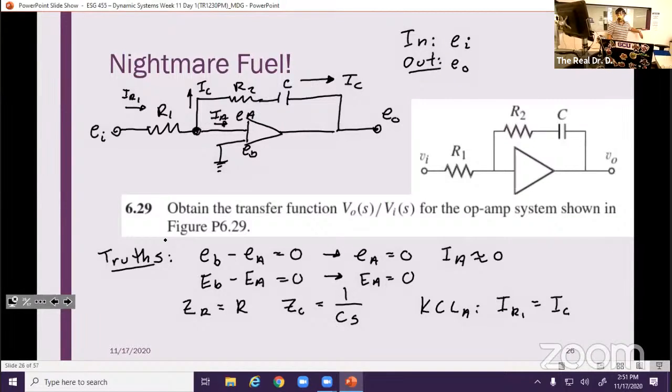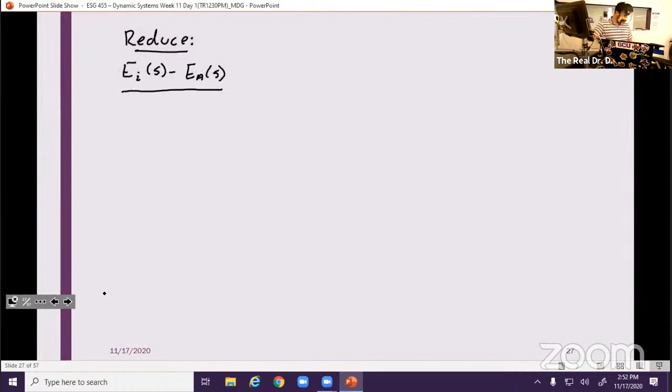All right. So what do we do? All right, we're going to do a reduction. Well, if we're going to use impedance to do this, it's actually not too bad. So the first thing I can write is, well, I know that my input voltage minus E_A of S divided by I_R of S is equal to R1.